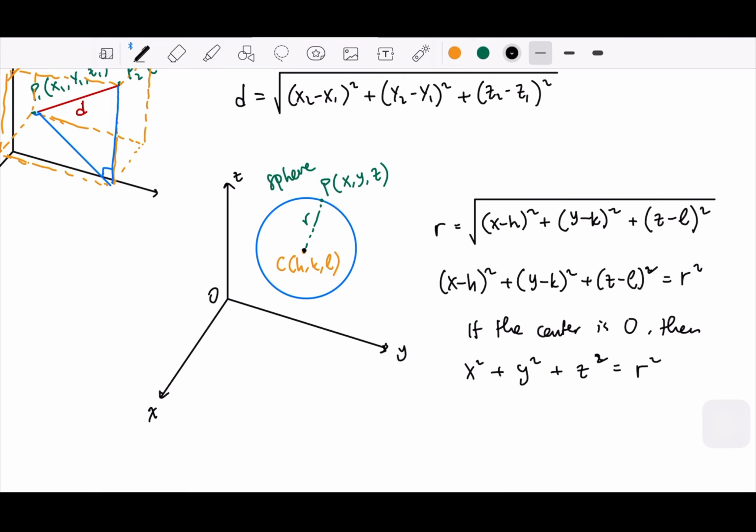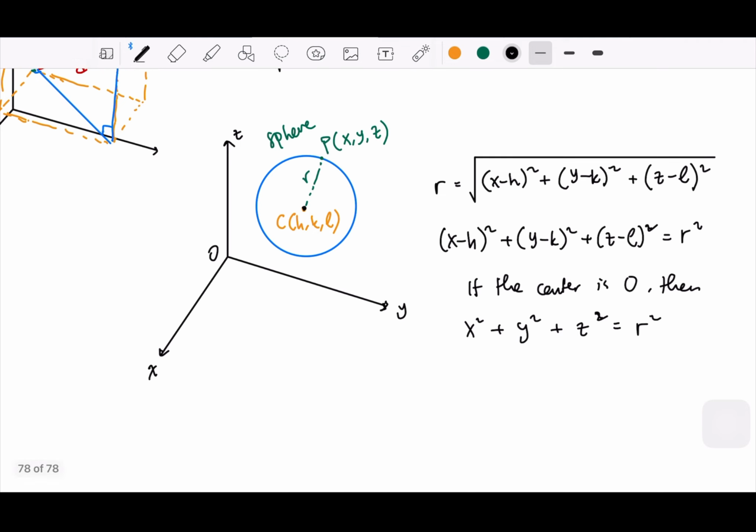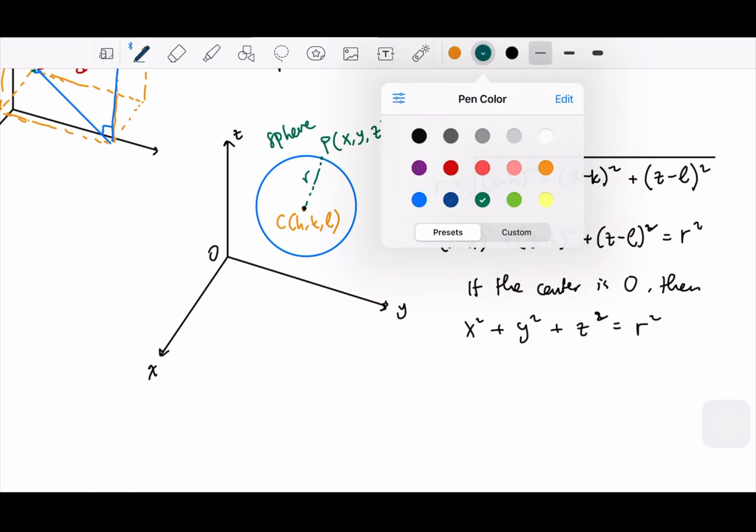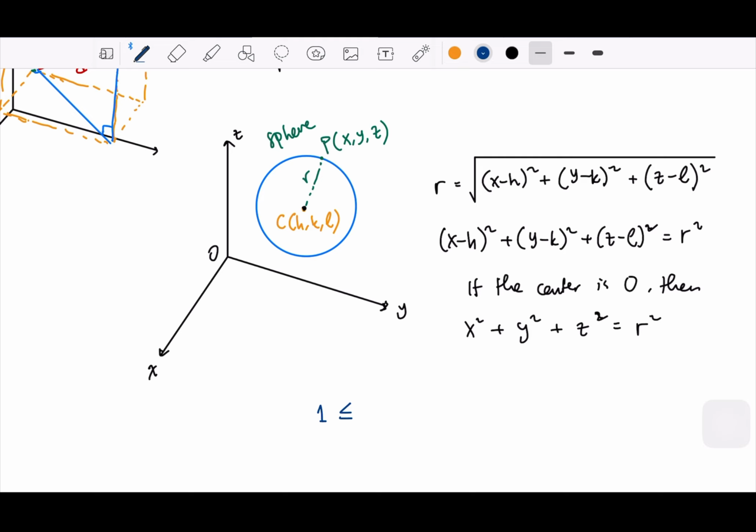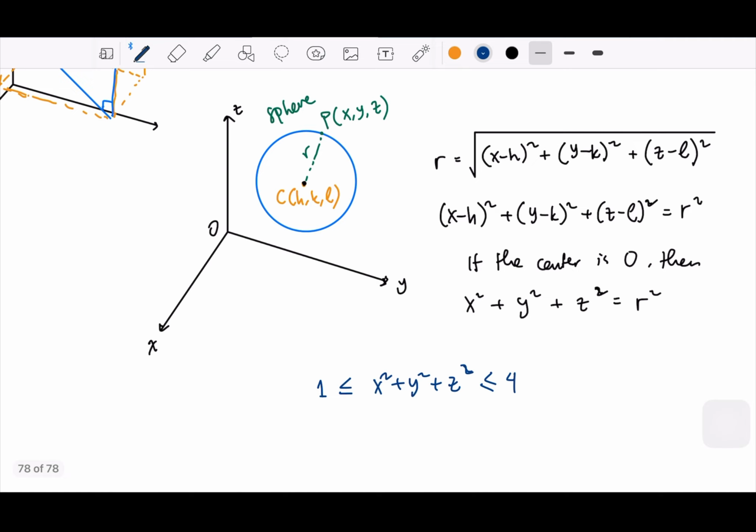And similarly, by taking the radius as some numbers, for example, if we have 1 less than or equal to x squared plus y squared plus z squared less than or equal to 4, which means that we have a sphere with restrictions from radius 1 to radius 2.